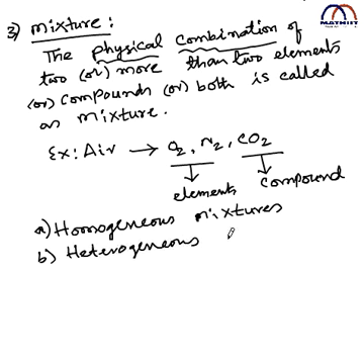In a homogeneous mixture, all the different components are present in the same phase. Again, our air is an example for this. But if all the components in a mixture are not in the same phase, then we will call it a heterogeneous mixture. An example can be taken as sand.